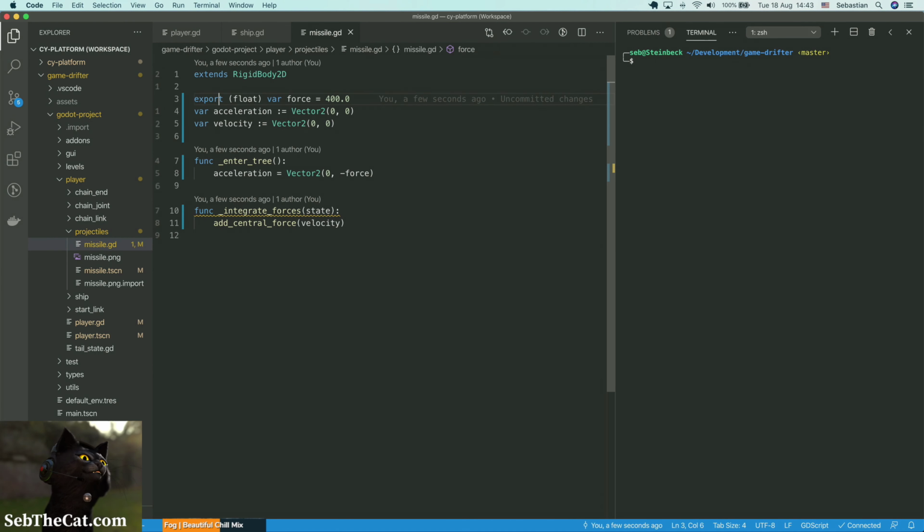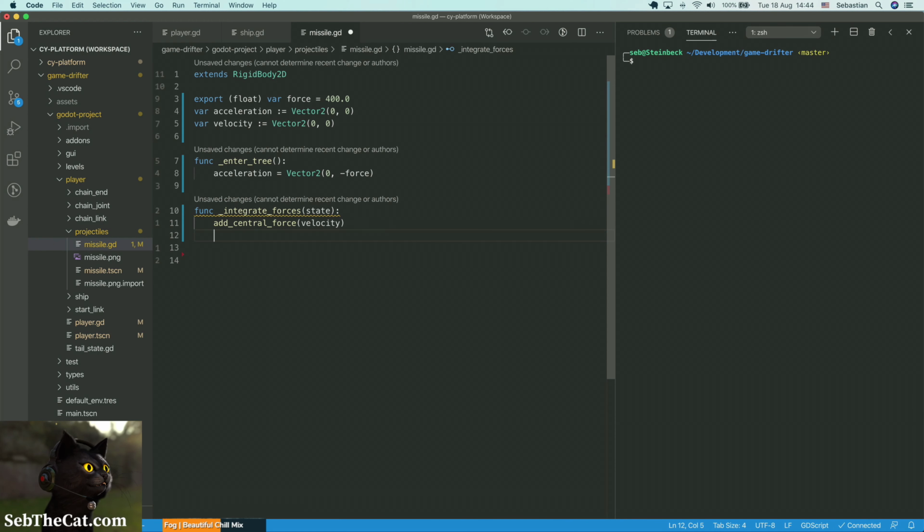And then let's put the force, and then we can say we can add the central force.